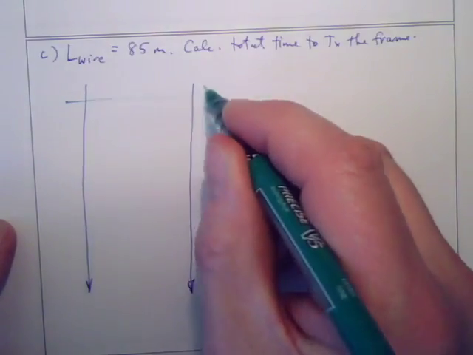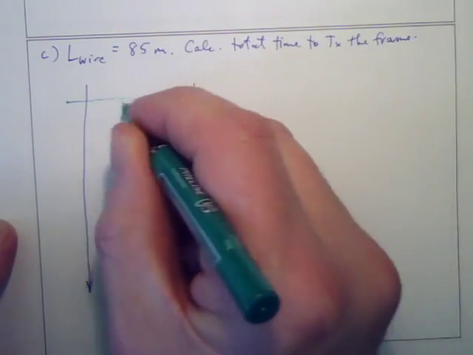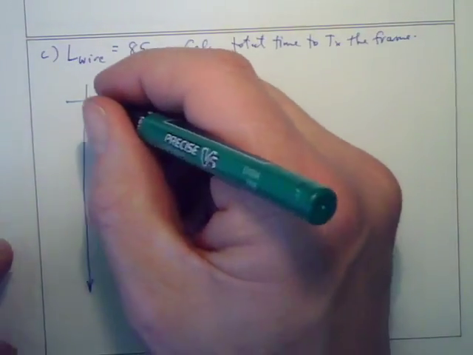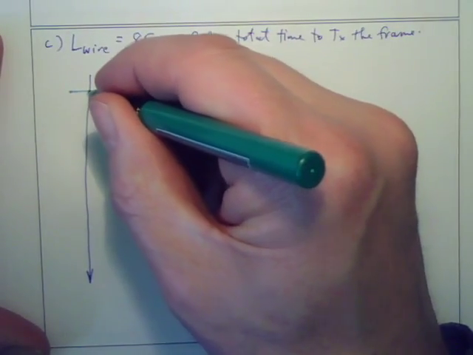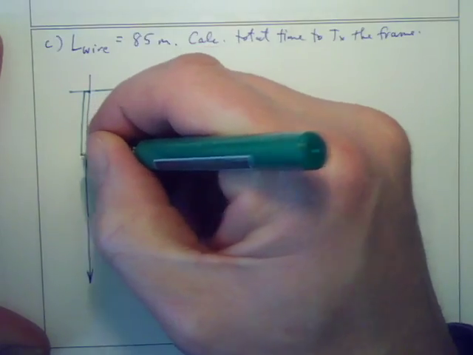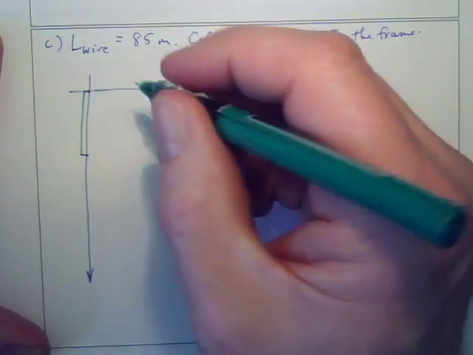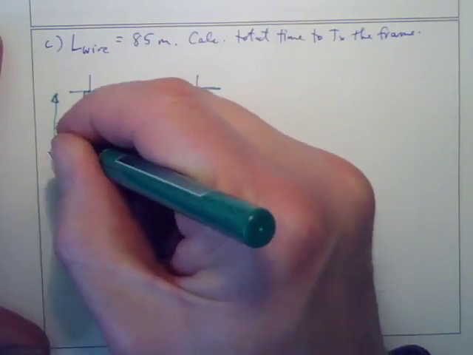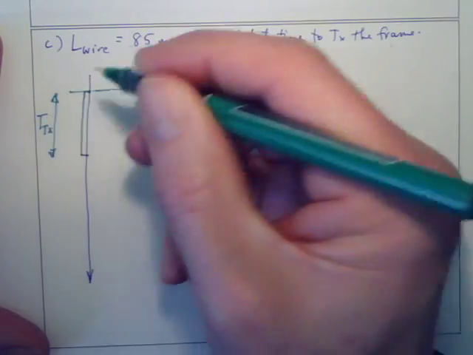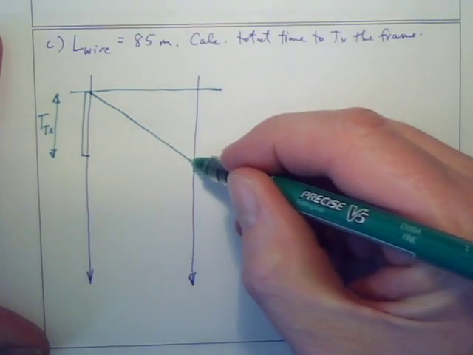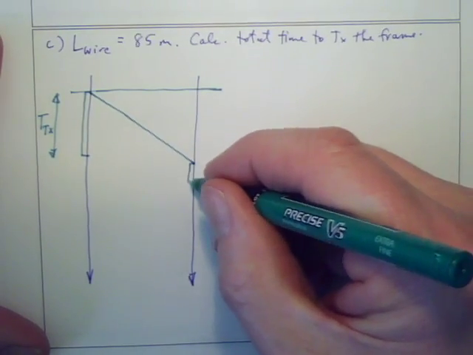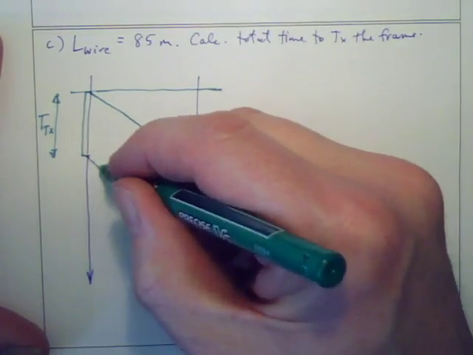At some time t equals 0, we're going to send our first bit out. It's going to take us a certain amount of time to transmit that file, so that's T transmit. But then that bit is going to move through space and finally land over here, and so the whole file is going to go through like that.